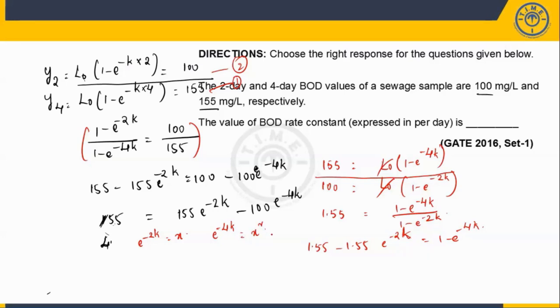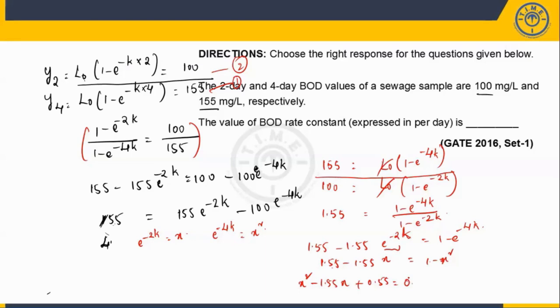So 1.55 minus 1.55x equals 1 minus x square. Now x square comes to the left and becomes positive: x square minus 1.55x plus 1.55, and the 1 becomes minus 1, that is plus 0.55 equal to 0.